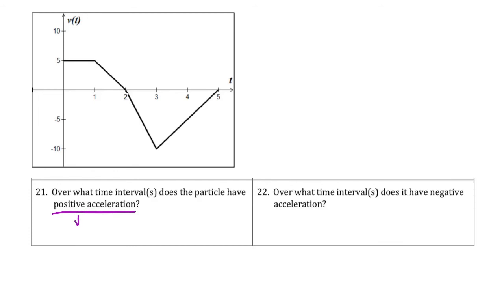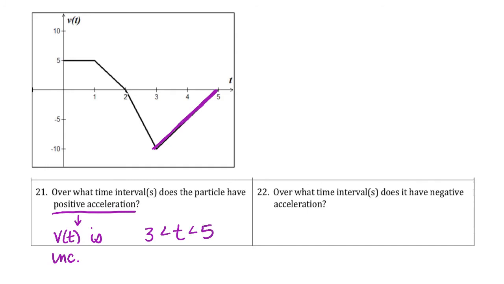So positive acceleration means v at t is increasing, just like if we had a positive first derivative, then our original function was increasing. Same process here. So if my velocity function is increasing, which is going to be from 3 to 5, all of those slopes will also be positive. So my answer is going to be from 3 to 5.